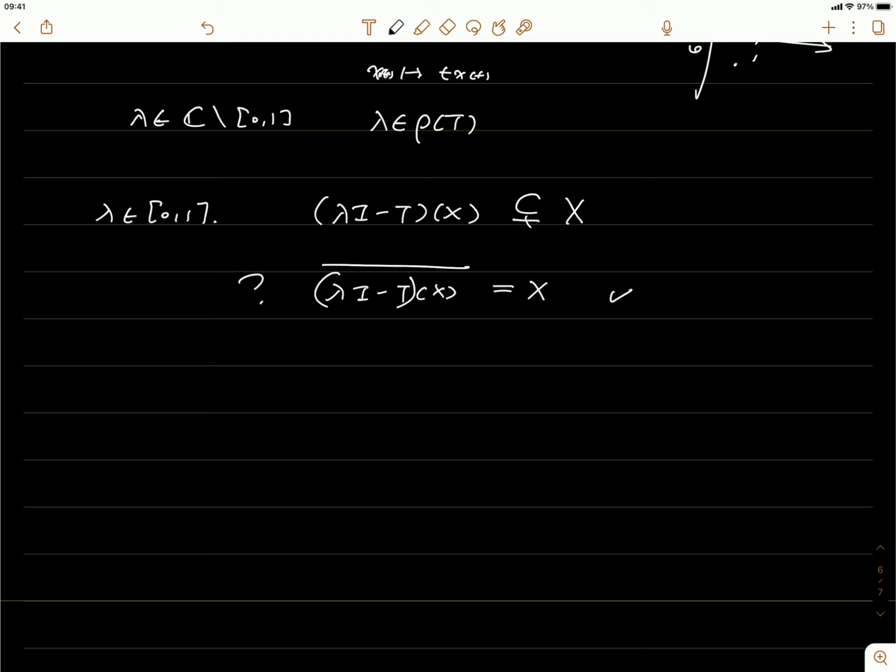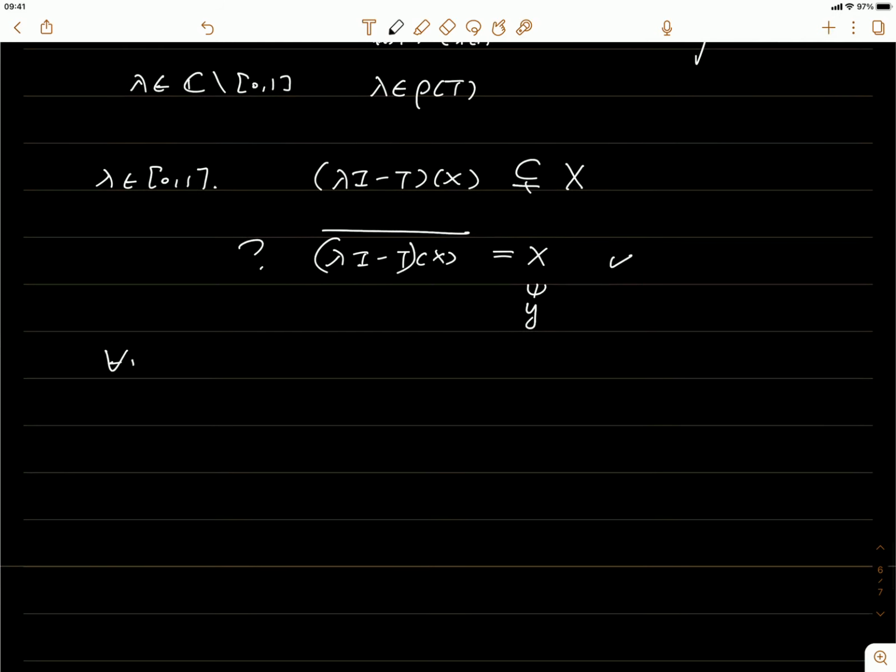Okay, and the idea is that for any y in x, we can find a sequence xk, which is also in X. And I'm going to define this xk to be, say, [0, 1]. The lambda is somewhere here on the interval.